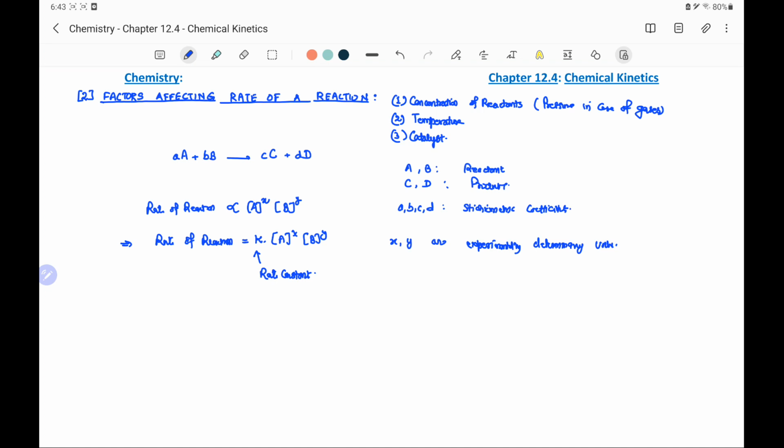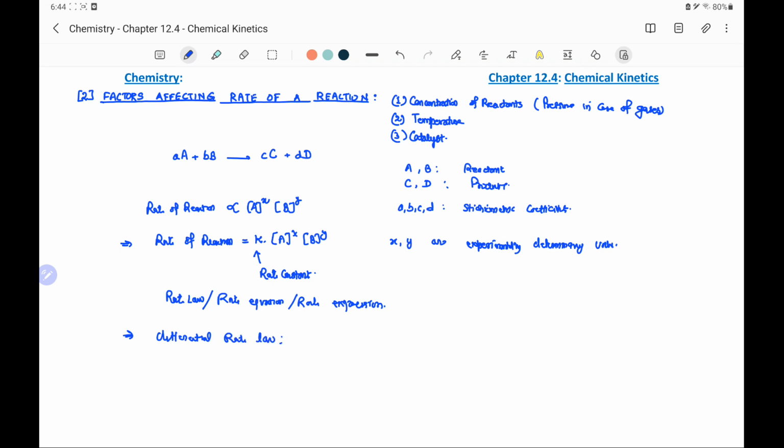This rate of reaction is also called the rate law or rate equation or rate expression. This rate law can be written in terms of the differential rate law.